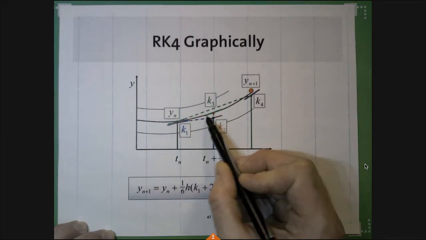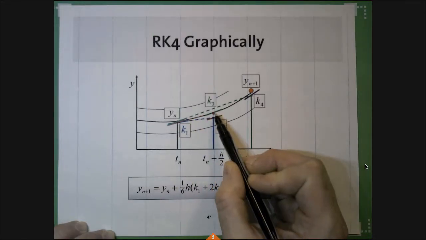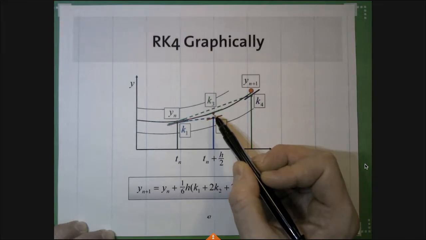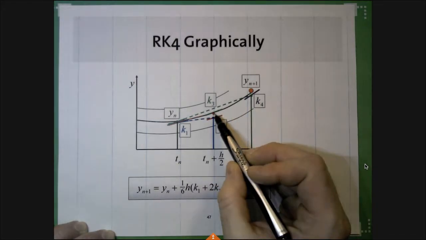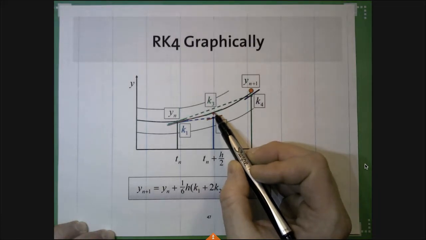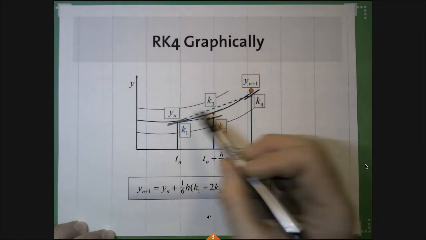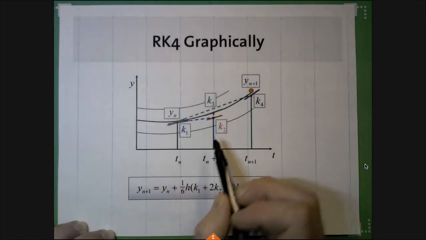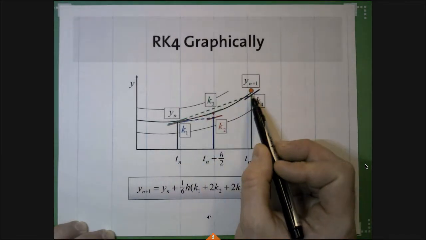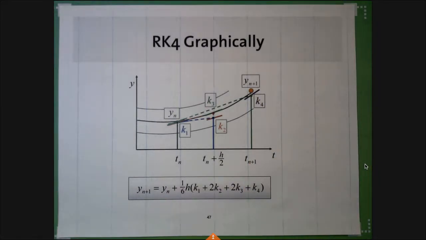That's how we get K3. It looks like magic. You can probably derive it just by massaging the Taylor expansion. And with K3 you do a full step, and eventually you do a weighted average of all of these, and then you shoot somewhere which is pretty close to where the actual function is.